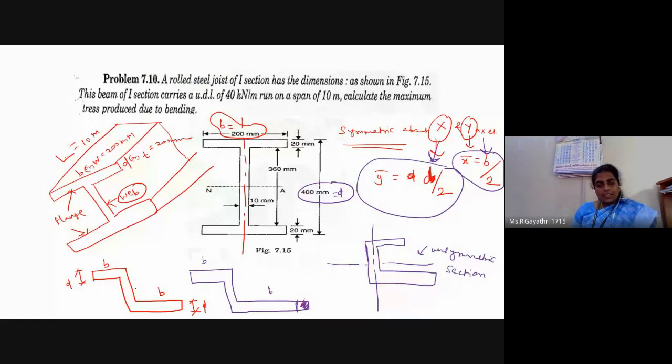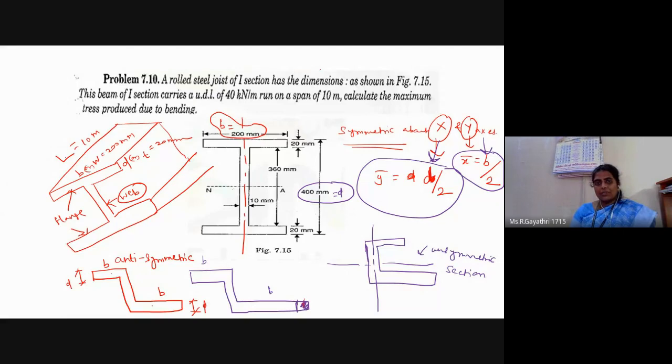So this is anti-symmetric. Same with the depth, but not in the same direction. One flange is in the direction opposite to the existing flange. This is anti-symmetric. But in our case, we are considering a symmetric I section. Flange width and height are the same. So this is a symmetric section.